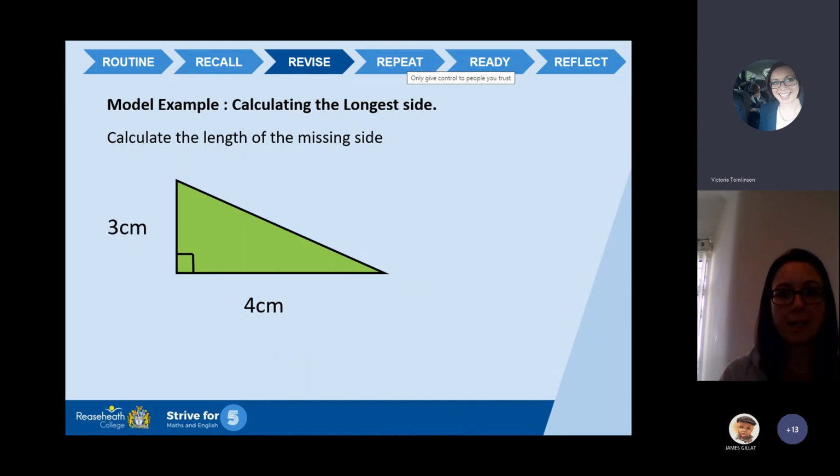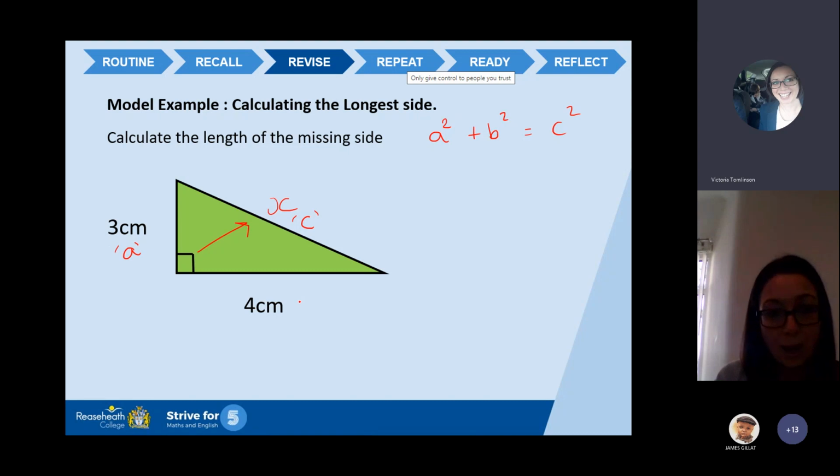So calculate the longest side. I'm going to write it down. A squared plus b squared equals c squared. We want to know this one. What is x? So we need to know what is c. So this is c. This can be A. It doesn't matter which is which when it comes to B and A. You can have them either way round.